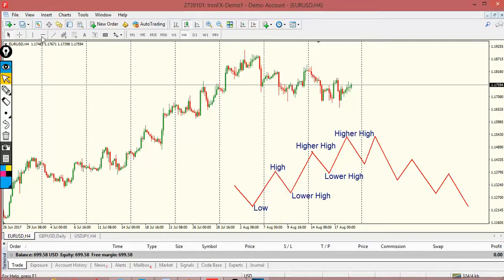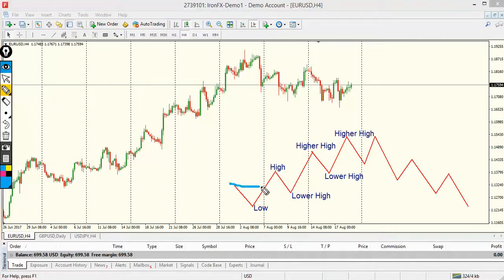Realize that there was, okay, let me remove this first and use the pencil. There was this place here, see, but the market went above this and it couldn't make a new low. Yeah, so that is that. The low, a high.